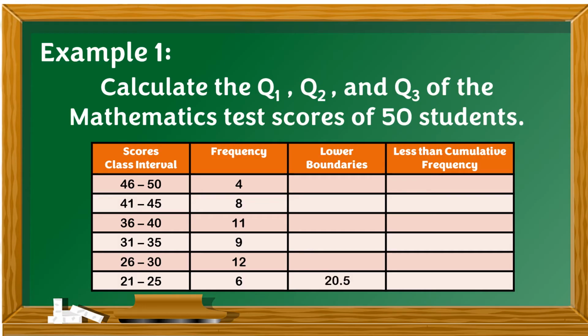So we have 20.5 for the class interval 21 to 25. You just get the lower number in the class interval and subtract 0.5. So 21 minus 0.5 is 20.5.